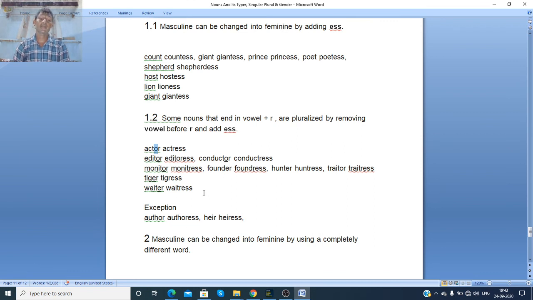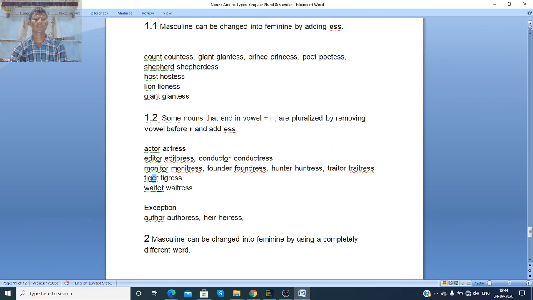Conductor has become conductress. Monitor has become monitress. Founder has become foundress. Hunter has become huntress. Traitor has become traitress. Tiger has become tigress.